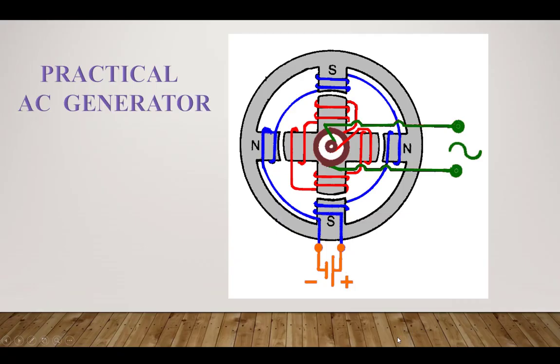Kind of a layout of a practical AC generator. Here I have a DC supply that's creating the electromagnetic field poles. Notice that I have the same wire, the same conductor that's creating all these windings, and the current flows around this way for a north, but I'm going to wind this coil around the other way so the current flows the opposite direction around this pole to create the opposite polarity in magnetic field.